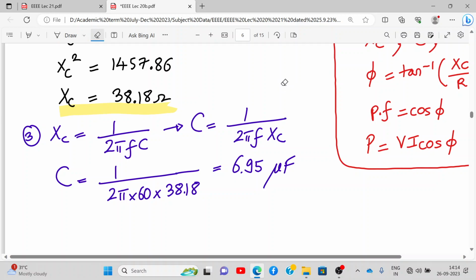You're getting 6.9 into 10 raised to minus 5, so it will be 69 point... 0.4.